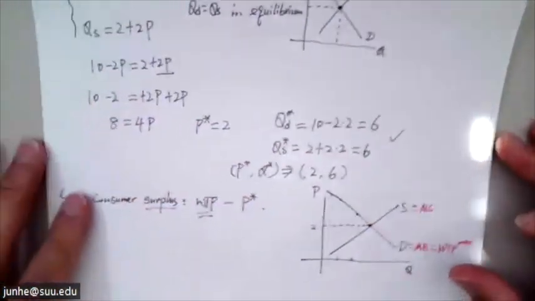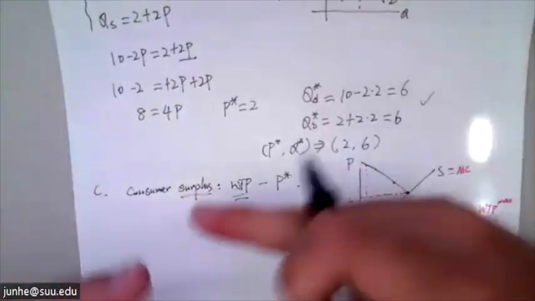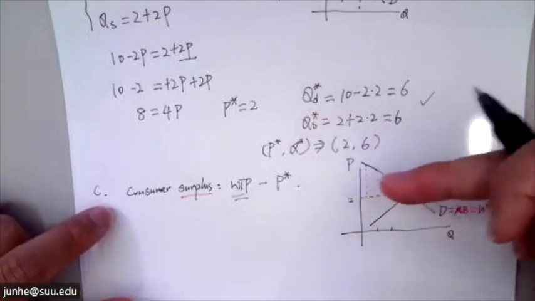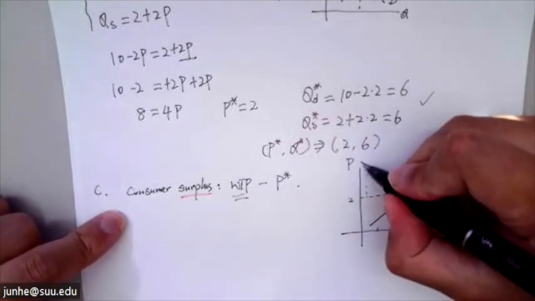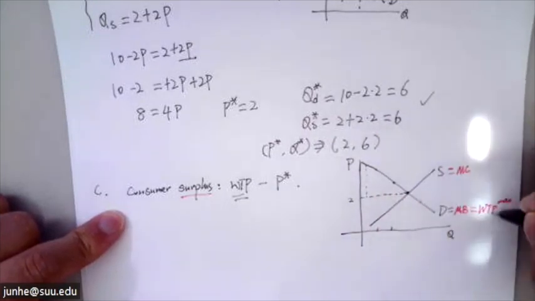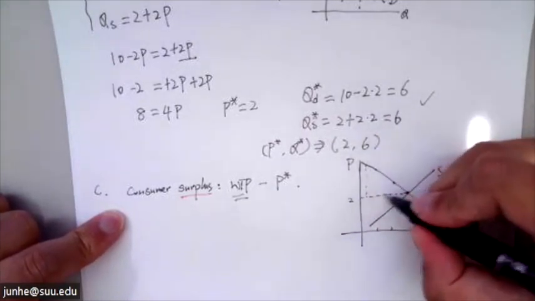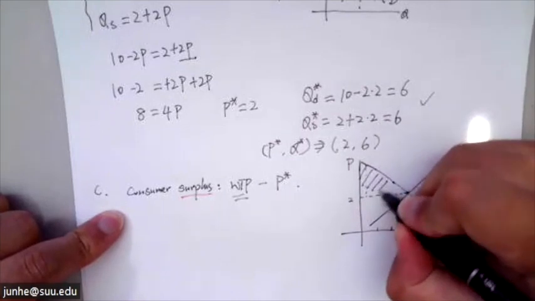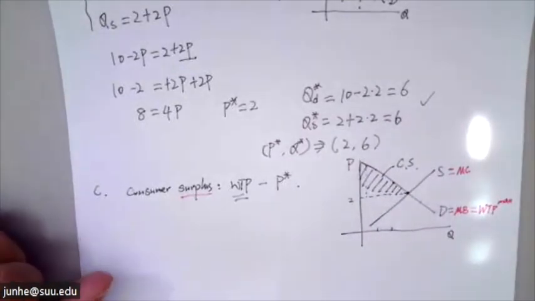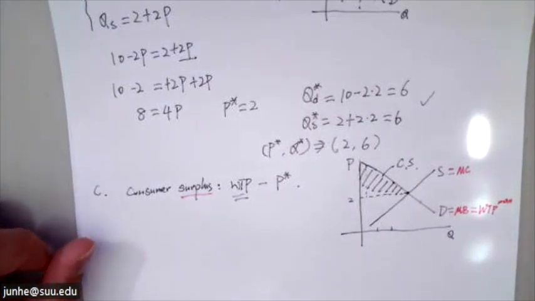So here I explained the concept of consumer surplus, and the total area of consumer surplus is all the difference between the demand, namely the willingness to pay, and the market price. So here, the upper triangle is consumer surplus. In this question, you're asked to work out the consumer surplus at the market equilibrium.